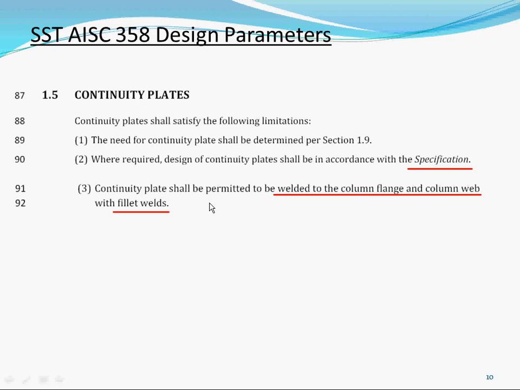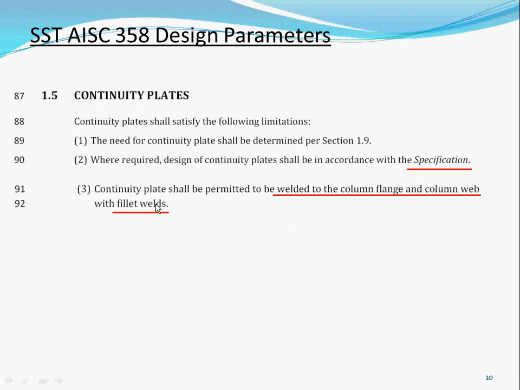Typically, in a lot of the fully restrained connections where they test the continuity plates, they actually require a CJP weld to the flange for these stiffener plates. CJP welds mean a lot more expense and required inspections. We allow fillet welds, we tested with fillet welds, so that's a bit more cost savings compared to other connections.